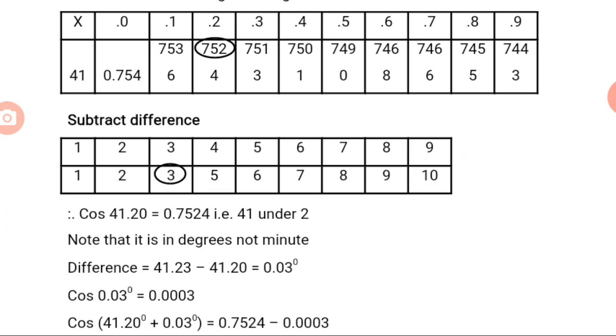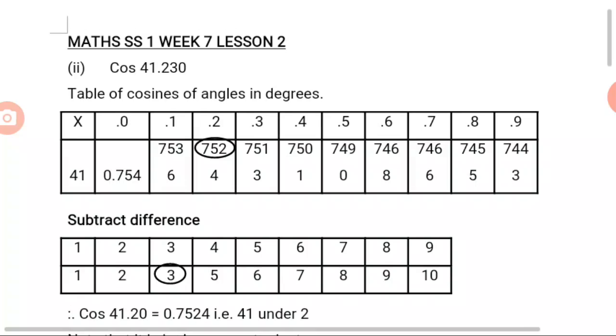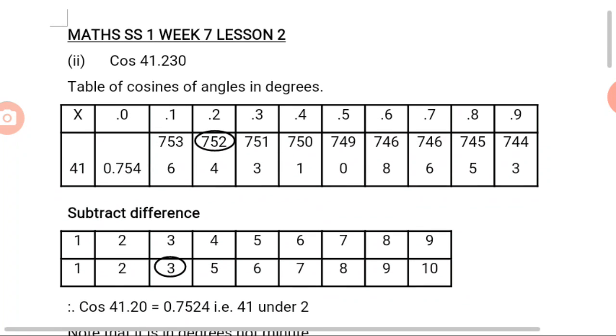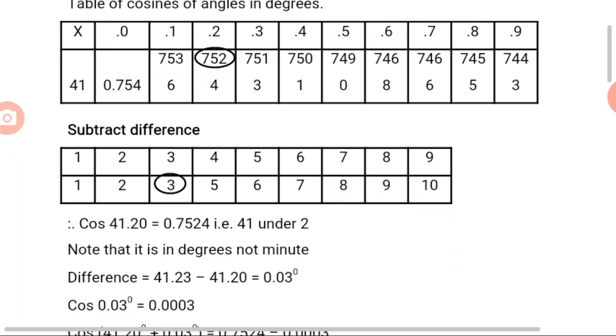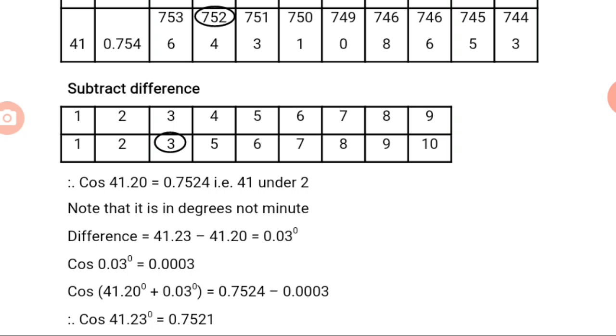Are we together? So we now subtract 41.20 degrees from 41.23 degrees. It will give us 0.03 degrees. So it will now be cos 0.03 degrees.